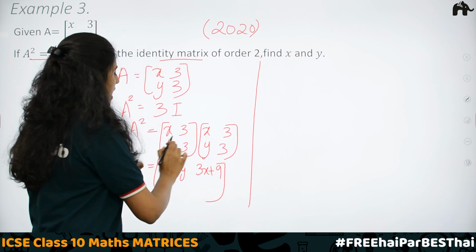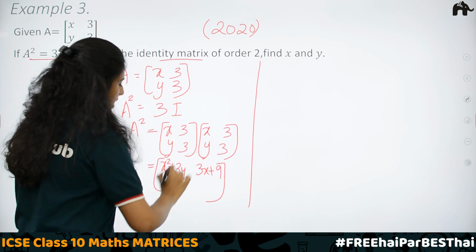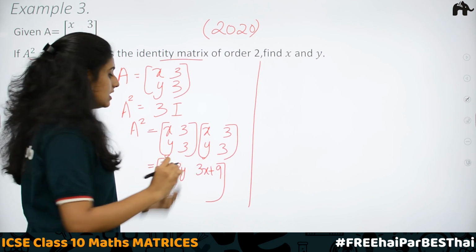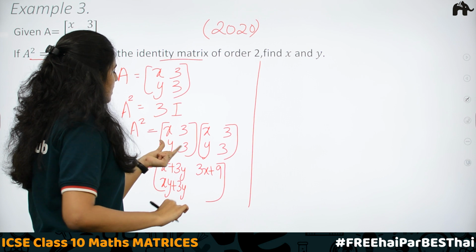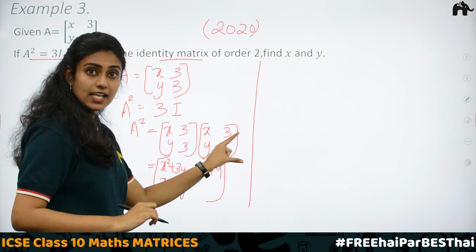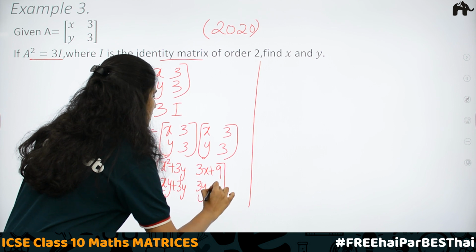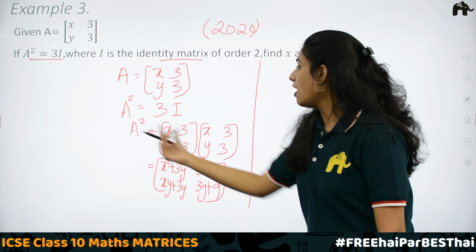Next element, we take the second row and the first column. y into x, that is xy, 3 into y is 3y, plus 3y. Then, second row and the second column. y into 3, 3y, plus 3 into 3 is 9. Now, we got the elements of A square.